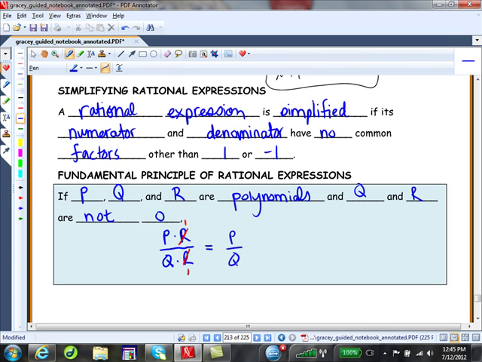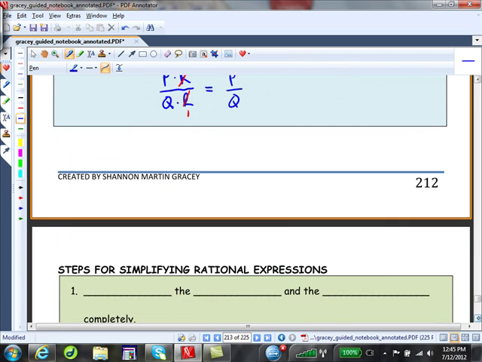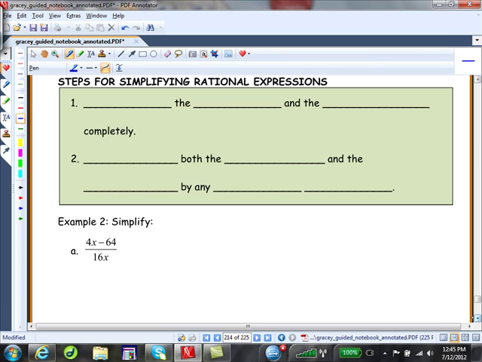So, here are some steps for simplifying rational expressions. First off, starts with an F. It's not a bad word. Good. Factor the numerator and the denominator completely.